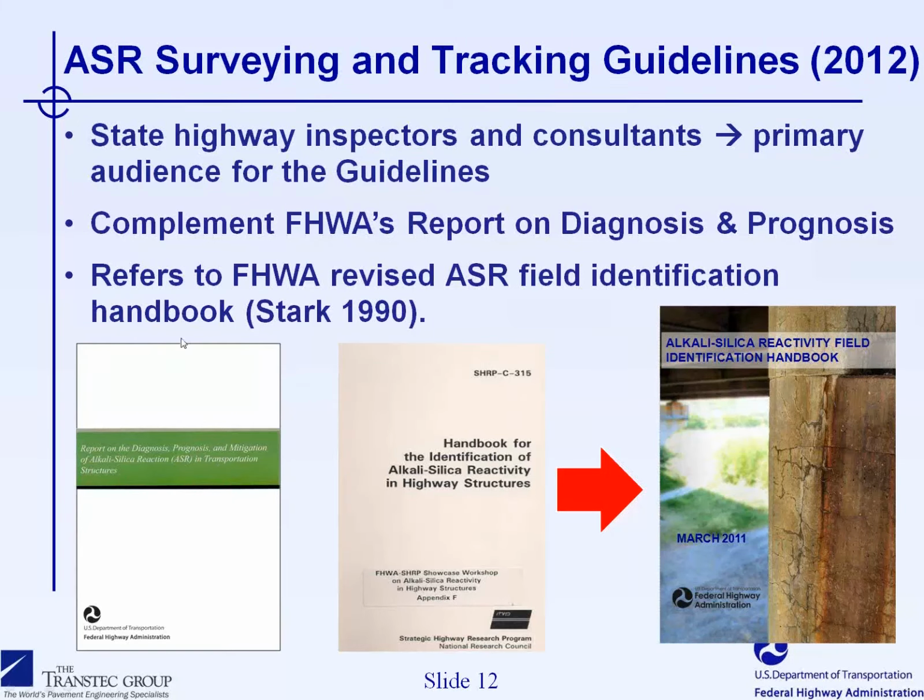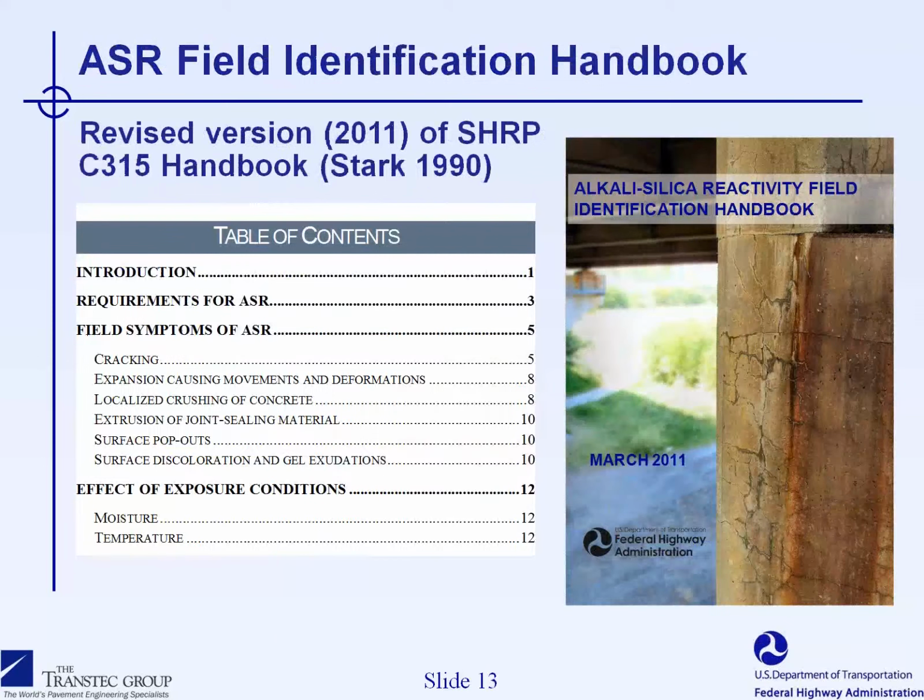And it complements the first document that I mentioned, the report for the diagnosis, prognosis, and mitigation of ASR in structures. And it refers also to this handbook for the identification of ASR in structures, which has been developed in the early 1990s by Dave Stark and his group under the SHRP program.